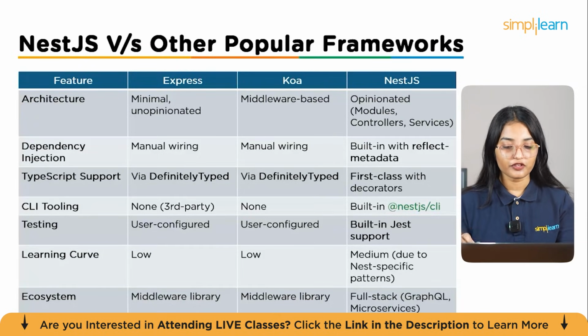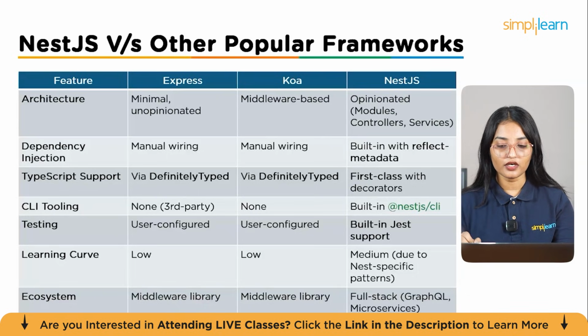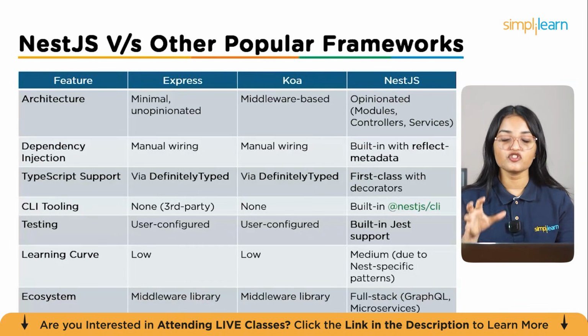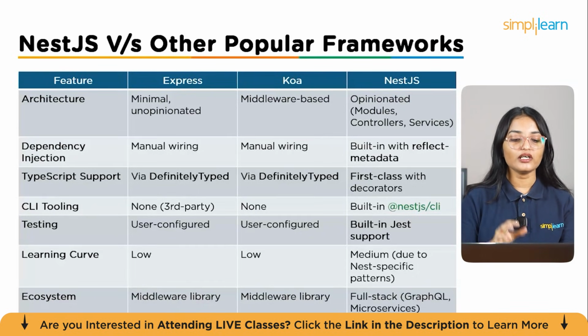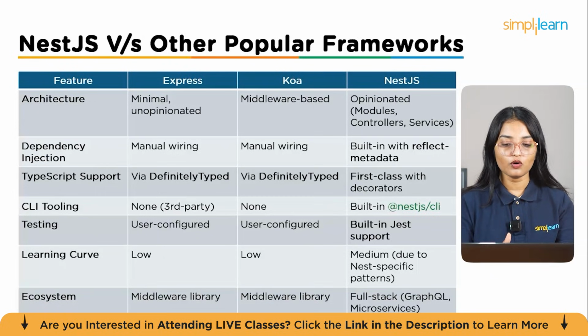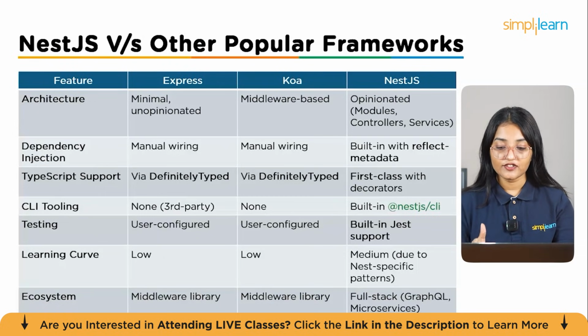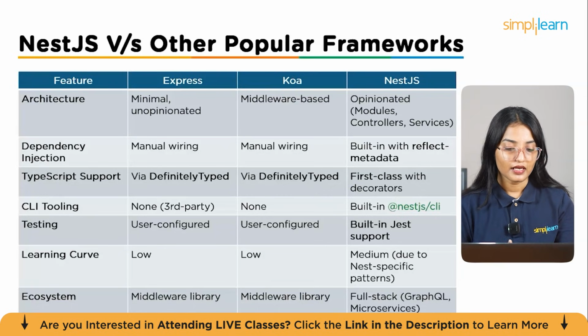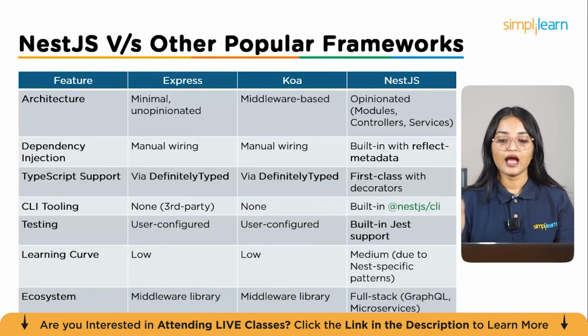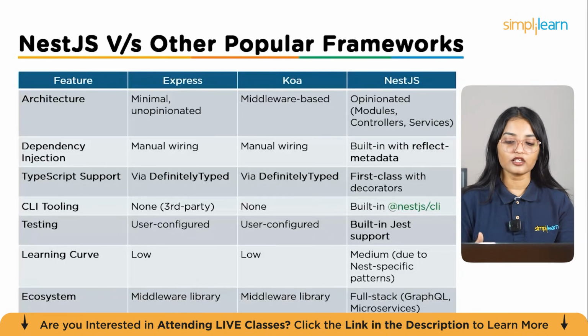Express is user configured, Koa is also user configured, and NestJS has built-in Jest support. Then we've got learning curve. Express is very low, Koa is again low, and NestJS is medium due to some Nest-specific patterns. Then we've got ecosystem. Express is a middleware library, Koa is again a middleware library, and NestJS is full stack, including GraphQL and microservices.